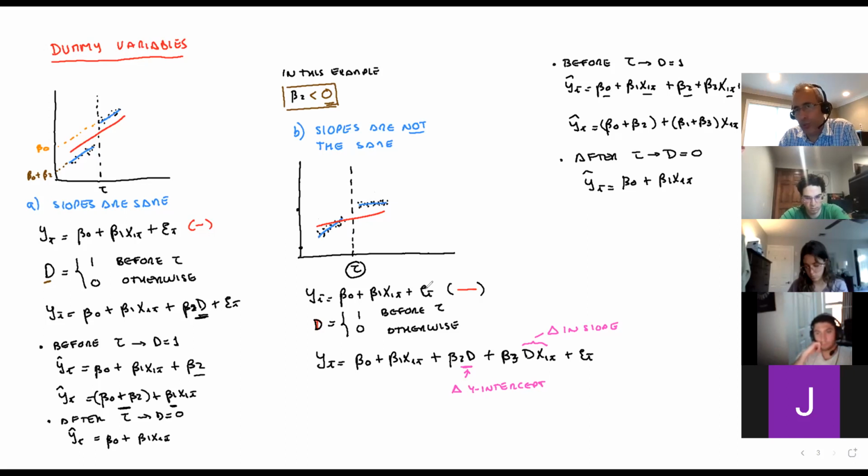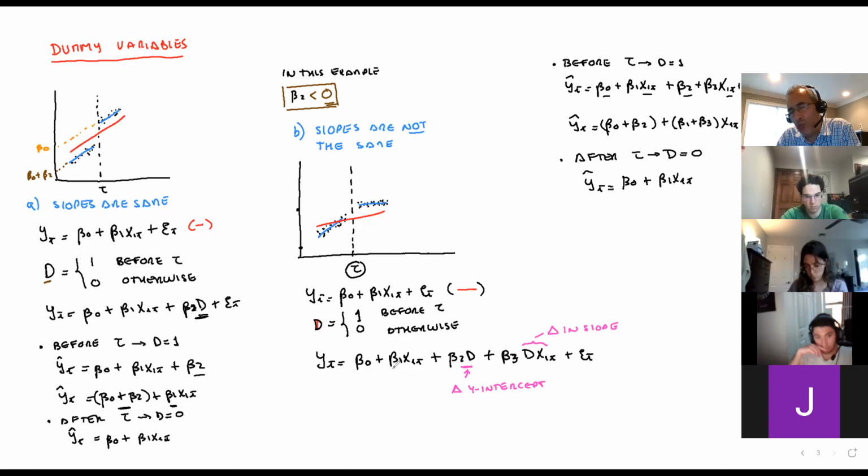The solution for this type of problem is very simple. You first identify tau, when this happens more or less: oh yeah, I know that this happened around tau. Then you create a dummy variable, D. I will show you in the Excel example, it's simply ones and zeros, that's it. You can call it 0 or 1, it's up to you. I said 1 is the before and 0 is the after.